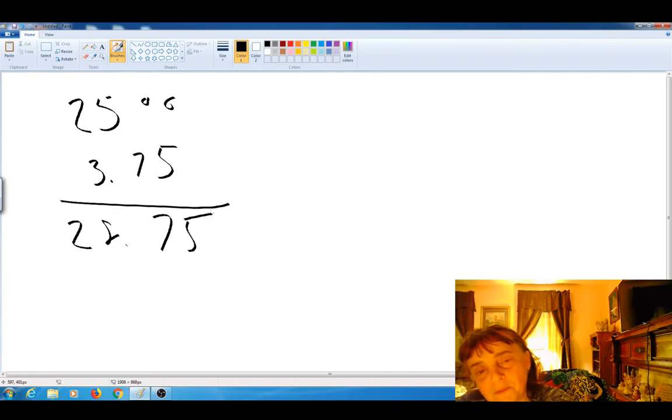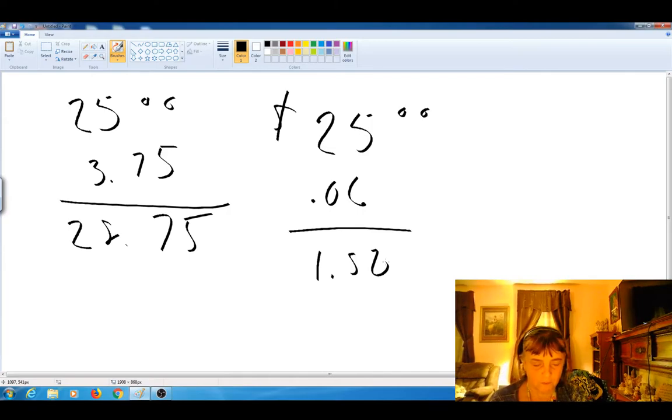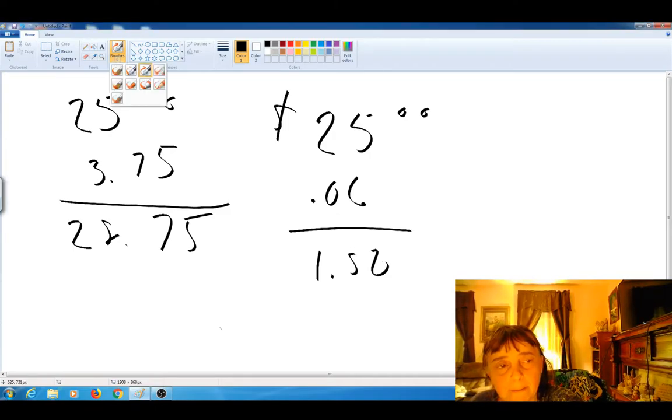Okay, well, before sales tax, let's say your bill for the blouse is $25, but you're charged 6% sales tax. So it's 25 times 0.06. It'd be $1.50. So 25 plus $1.50 would be $26.50.